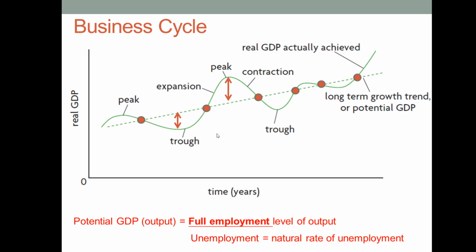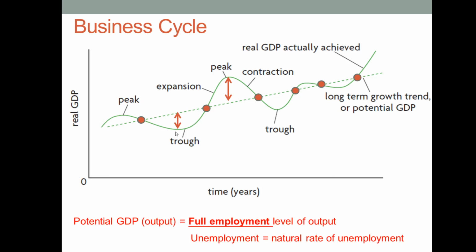Usually we will call these gaps something, but before that, why? In this case, what could be the reasons why the economy cannot reach the potential output, but instead is at a lower output than the potential output that we see in the long run?